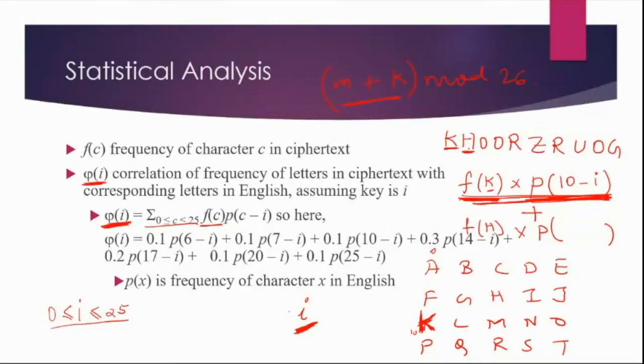H is in the 7th position. You have to shift I times in the left or upward direction, so it becomes 7 minus I. This is the plain text character which corresponds to H in the ciphertext.